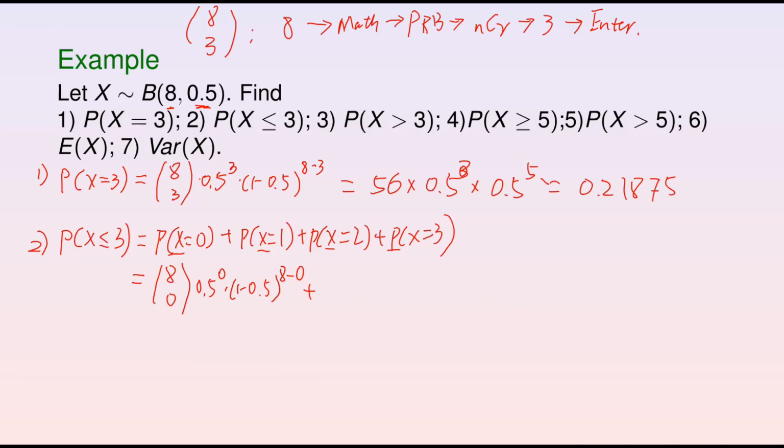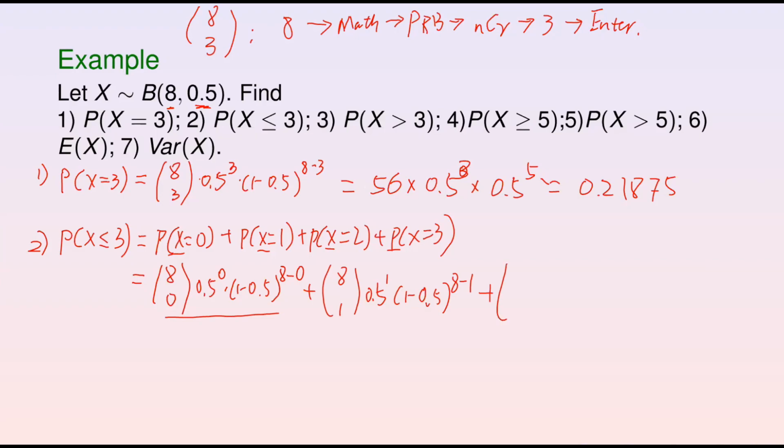So this is how we got the first term. Similarly, we can get the second term, 8 choose 1, 0.5 raised to power 1, 1 minus 0.5 raised to power 8 minus 1.